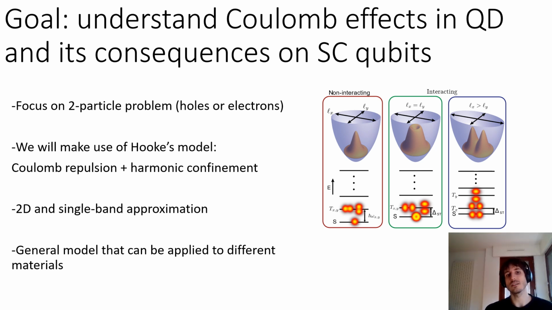And we will do this in the 2D and single band approximation, which basically means that we won't focus on valley physics or heavy hole, light hole interactions for holes. And this is a very general model that can be applied to very different materials, as I will show you.